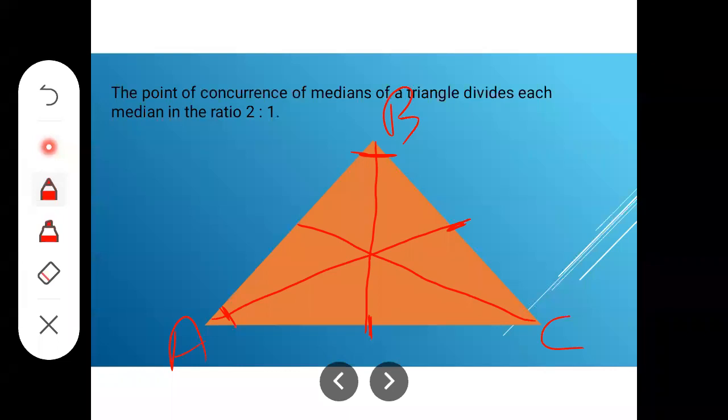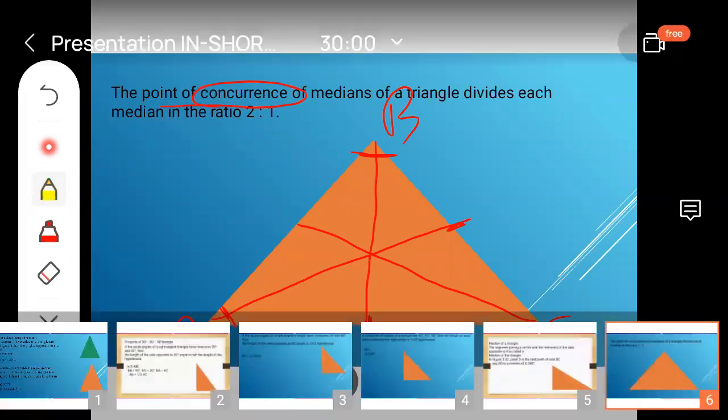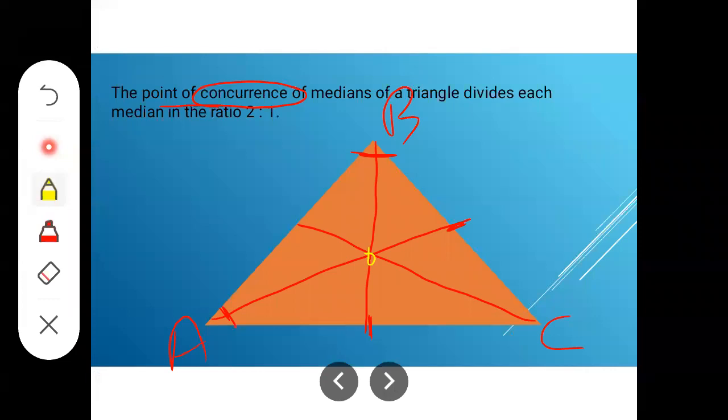Now, the point of concurrence. Concurrence means the point in which all the medians intersect. The joining point of all the medians. Now, where is the joining point? Here you can see. That is the joining point of all the medians.